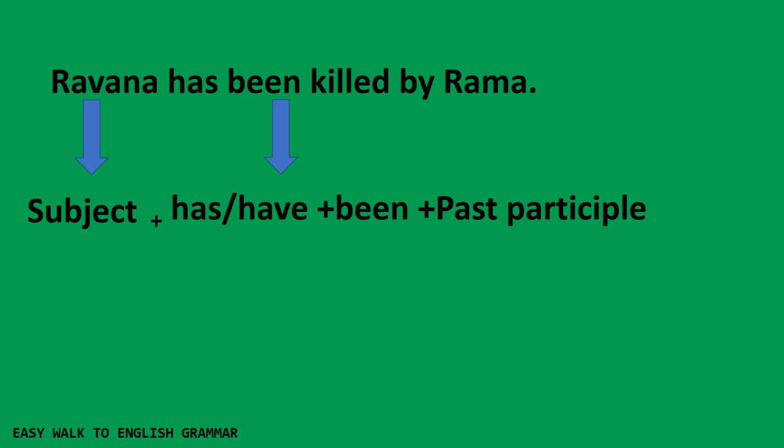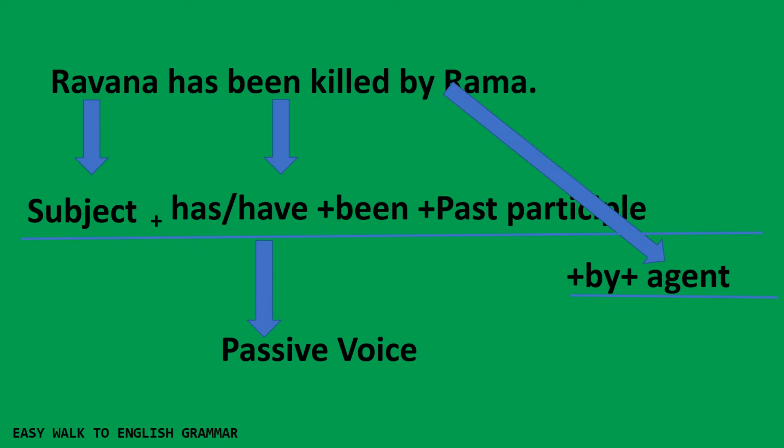In all perfect tenses, the second auxiliary will be been, plus past participle form of the verb, the V3 form of the verb, plus the preposition by, plus agent, which is Rama here. This is the passive voice format of present perfect tense.